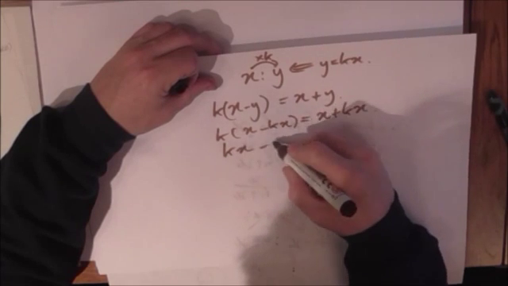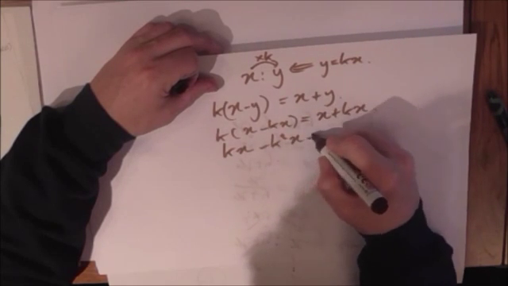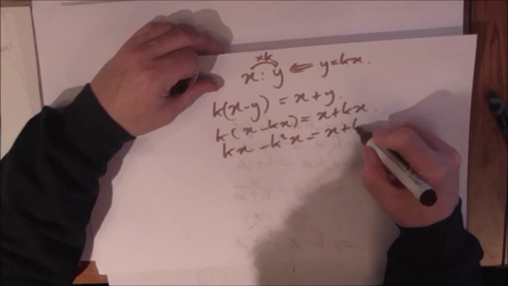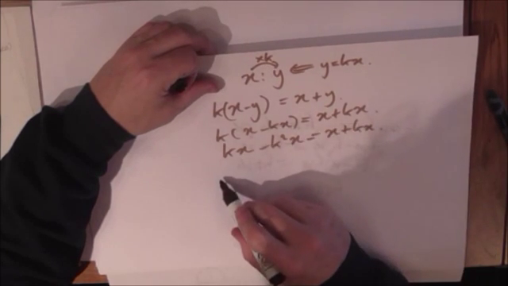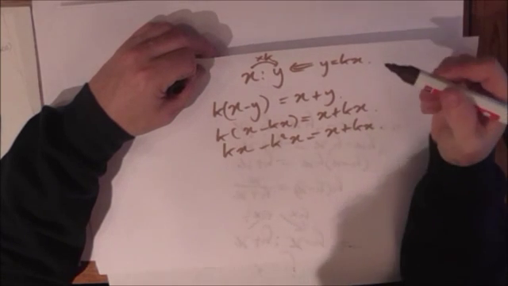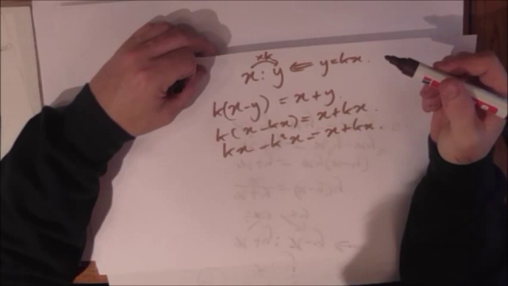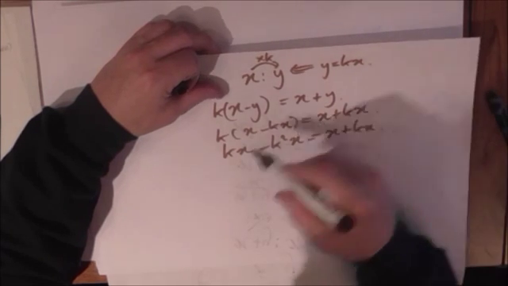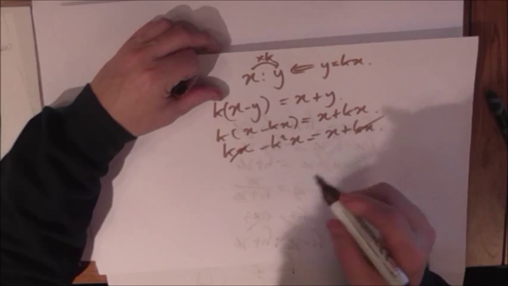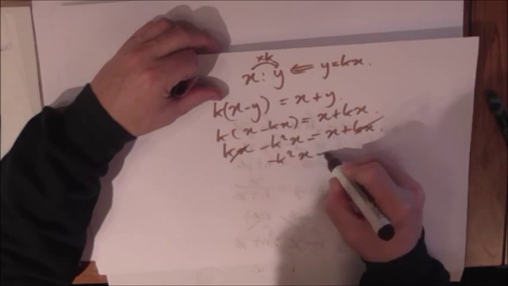So kx minus k squared x equals x plus kx. Oh, look at that. No, wait on. I'm just going to cancel them out. So negative k squared x equals x.